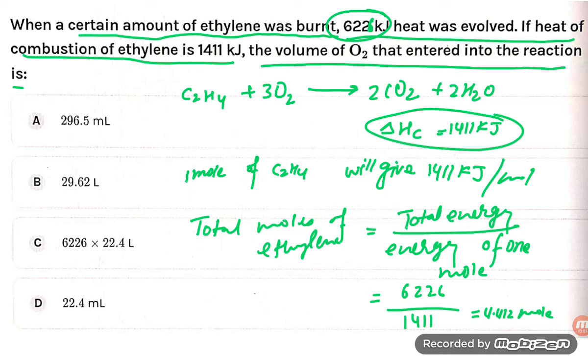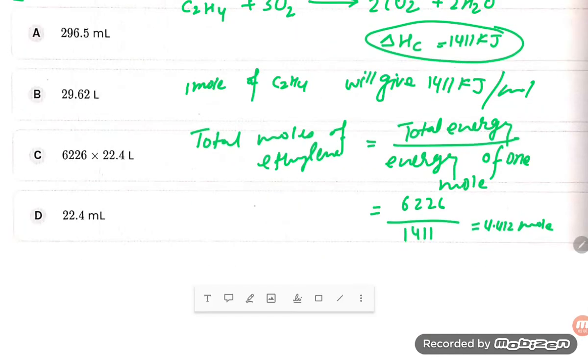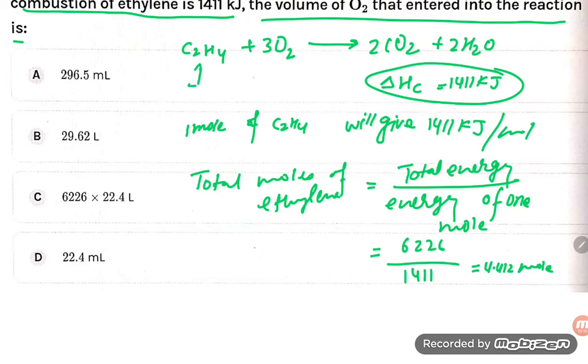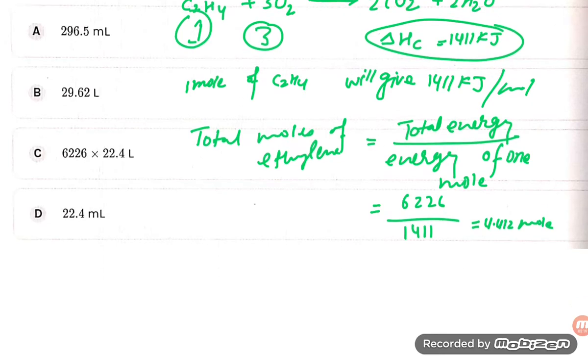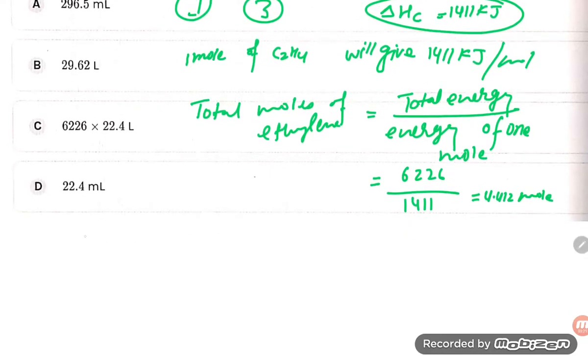In the balanced equation, 1 mole of ethylene reacts with 3 moles of oxygen. Here I am writing 1 mole C2H4 gives, or rather needs, 3 moles of O2.